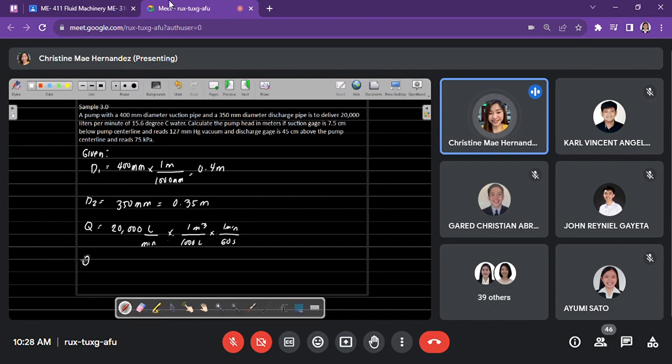So, ang bago nating volumetric flow rate sa unit na cubic meter per second is 0.33 cubic meter per second.